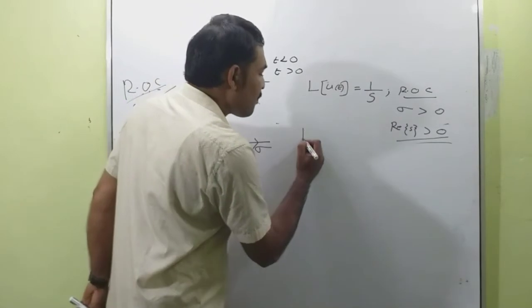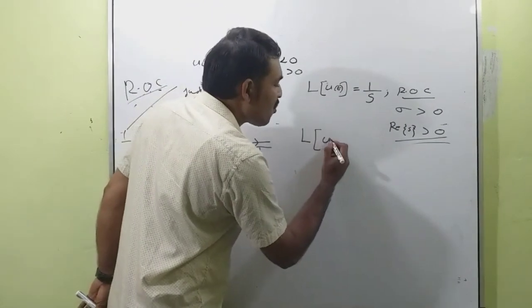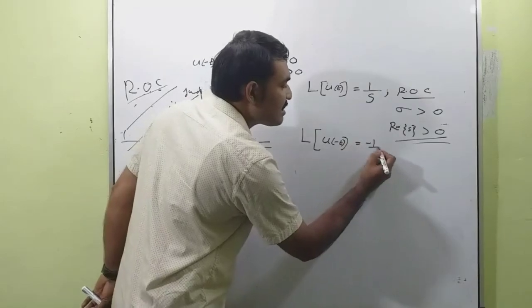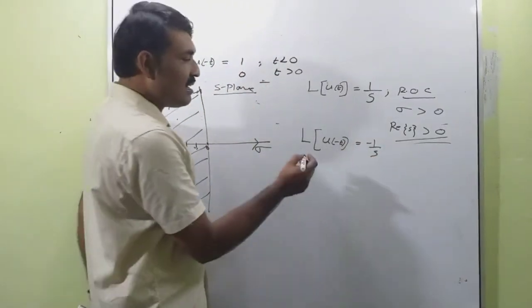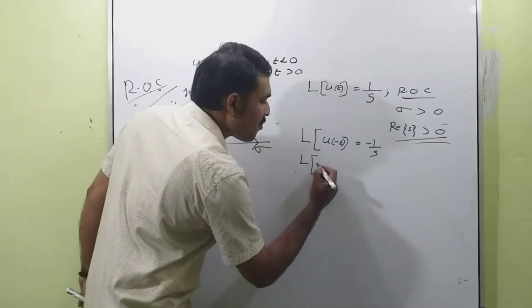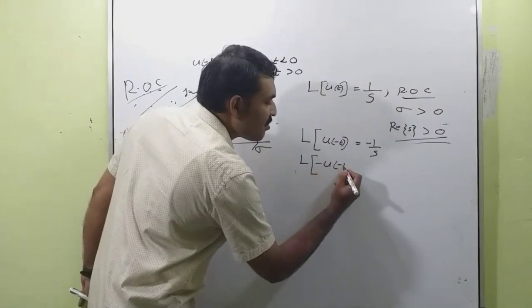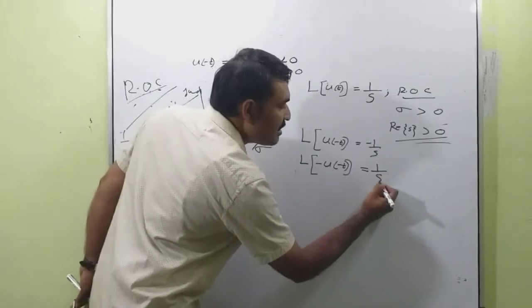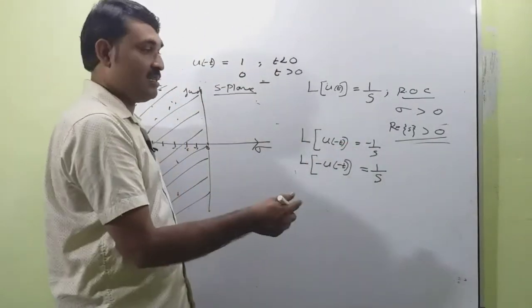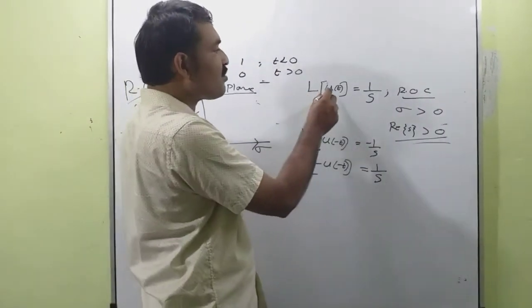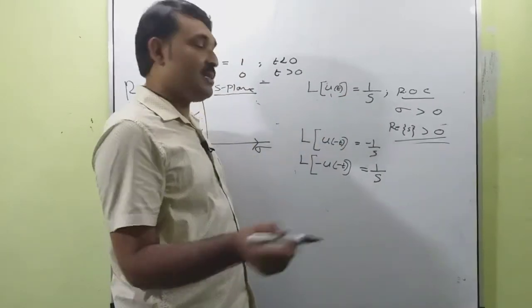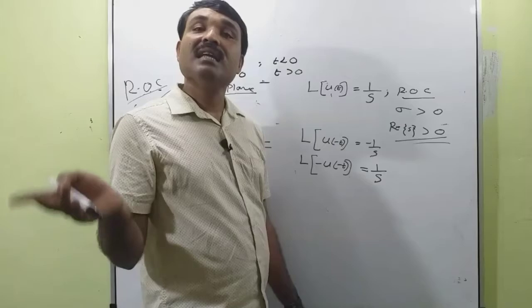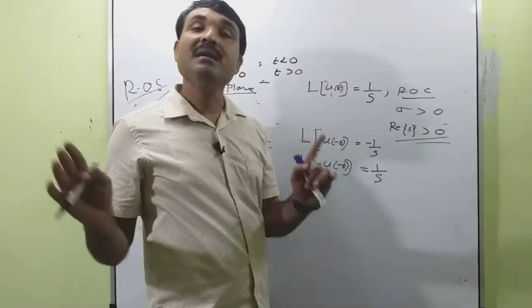Now the Laplace transform of u of minus t is equal to minus 1 by s. So I can write the Laplace transform of minus u of minus t is equal to 1 by s; the minus is taken to the left-hand side. So for the Laplace transform of u of t, the answer is 1 by s. And for the Laplace transform of minus u of minus t, the answer is again the same, 1 by s.